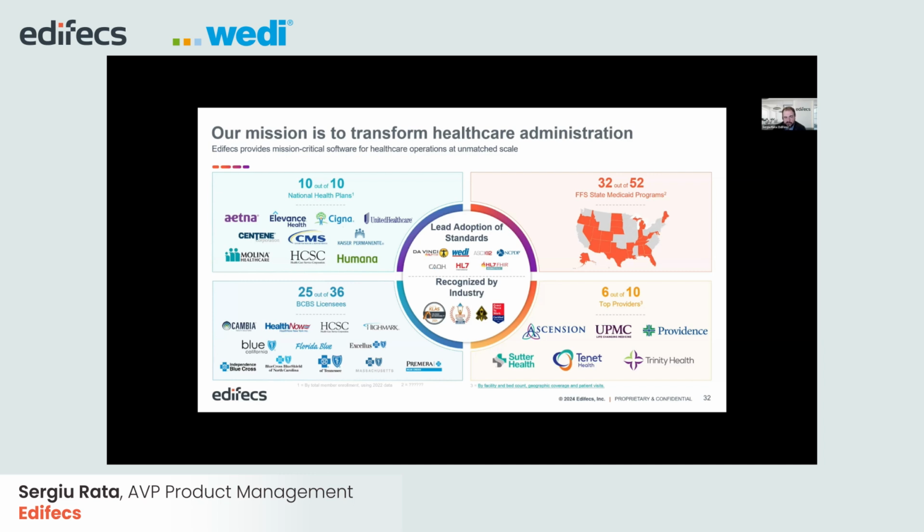That's already there in the library. And as this is Edifecs hosted, in the Edifecs cloud infrastructure, the beauty is that as new regulations come in, we keep updating our library. That's another benefit of this solution.